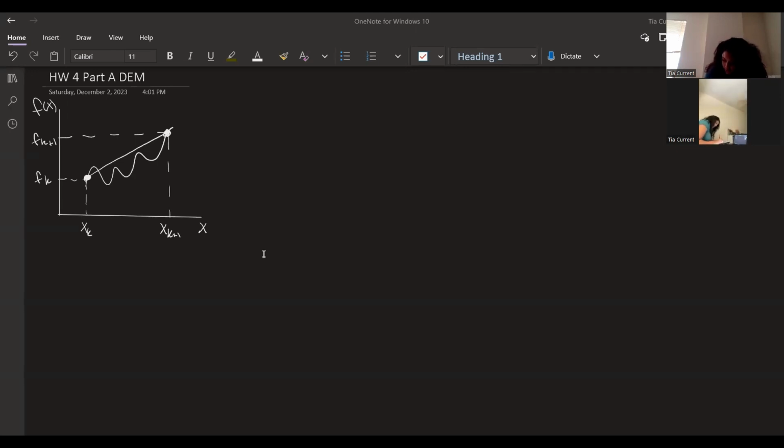Our slope is also the derivative, so we're going to have df over dx equal to y2 minus y1 over x2 minus x1. So you're going to have f k plus 1 minus f k, and in the denominator, x k plus 1 minus x k. And this is going to be our point slope formula.